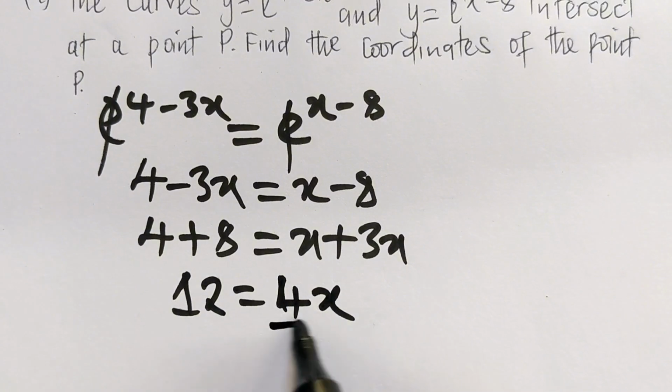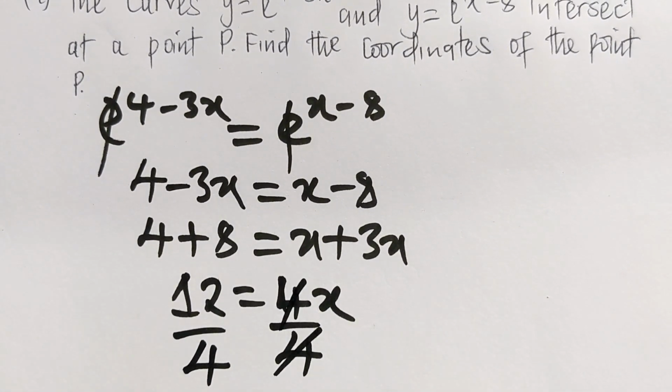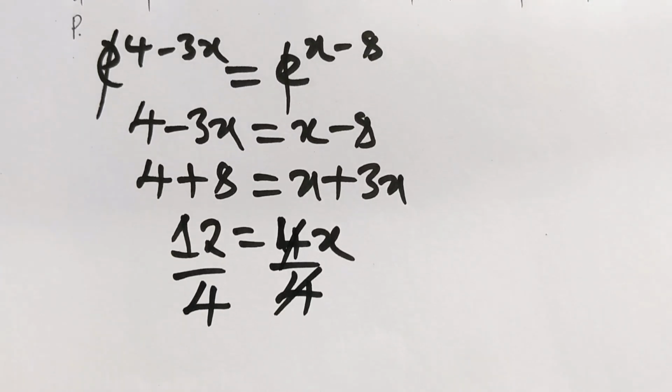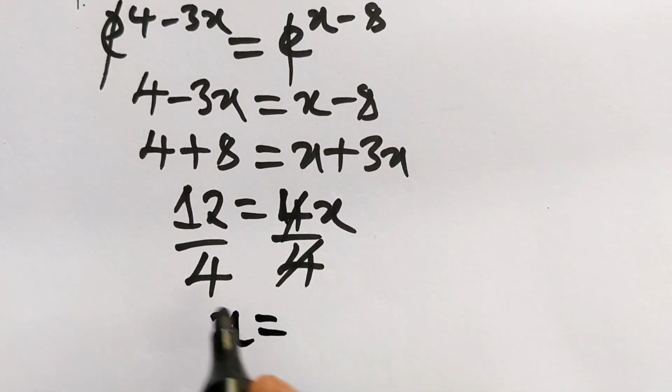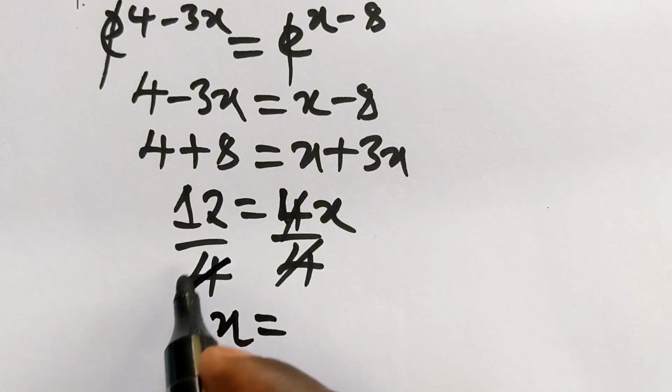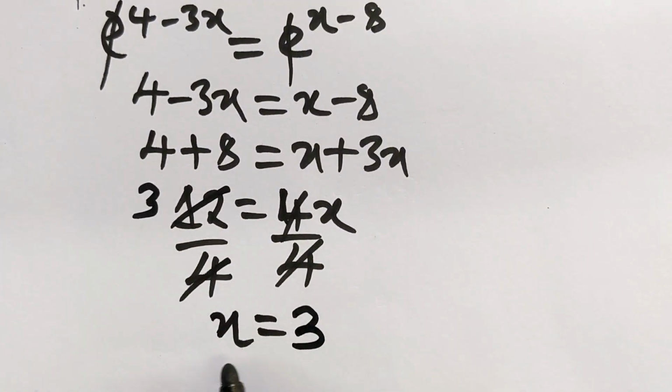So divide by 4 on both sides: 4 into 4 gives 1, so 1 times x gives x, equal to 4 into 12, that is 3. So the value of x is 3.